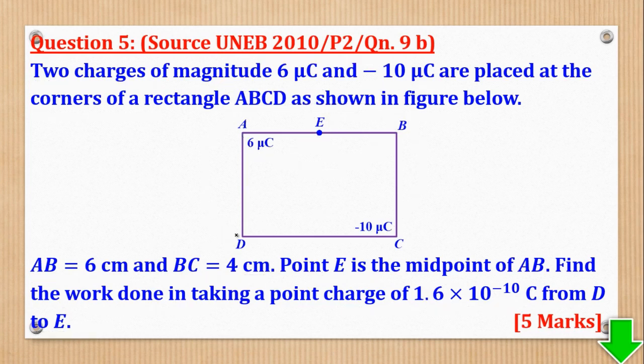That means that we shall have to get first electric potential at D and also electric potential at E, then get the difference. So at D we already know the distances, but at this one we shall need this separation.